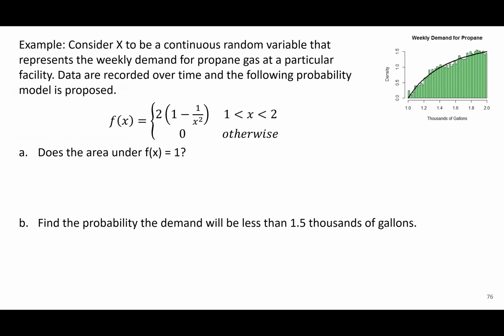So here's an example we're going to look through, looking at propane. x is a continuous random variable, and x is the weekly demand for propane gas. It looks like it was in thousands of gallons.